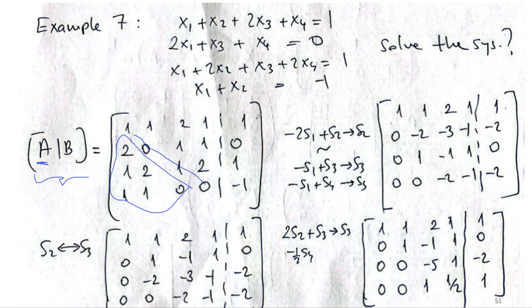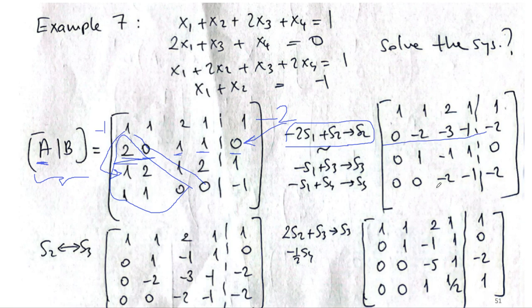For example, the first row we can multiply by minus 2 and then add to the second one. So this will be 0. Okay, this will be minus 2. This will be minus 3, minus 1, and minus 2. So that is written here after you do this row operation. Similarly, you can multiply the first row by minus 1 and then add to the third one.